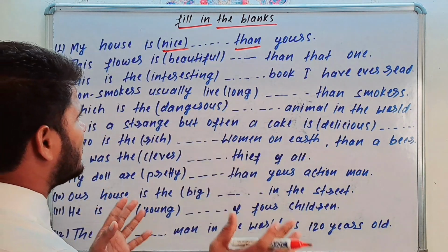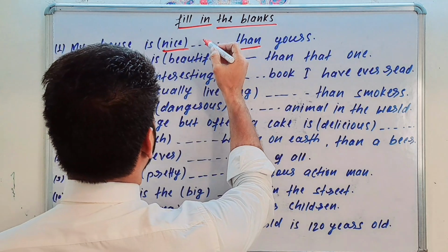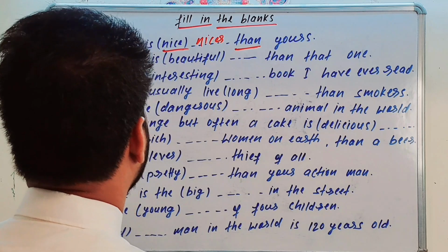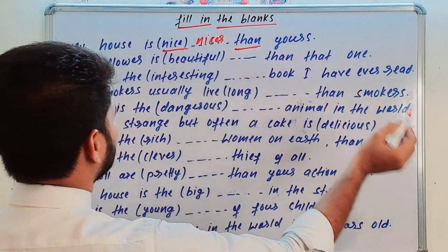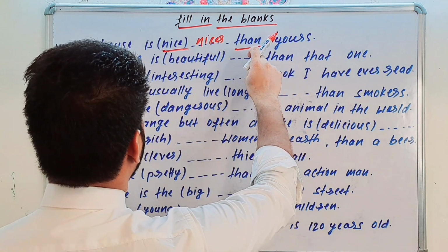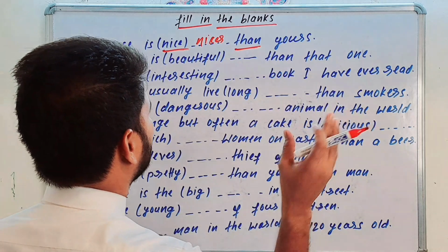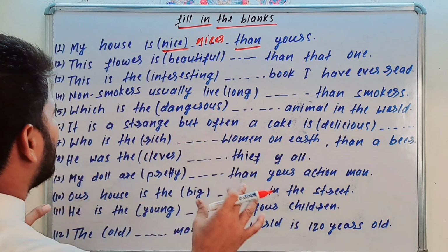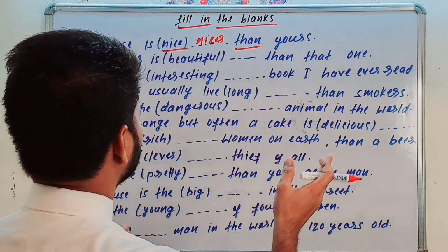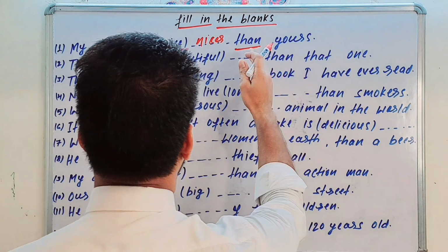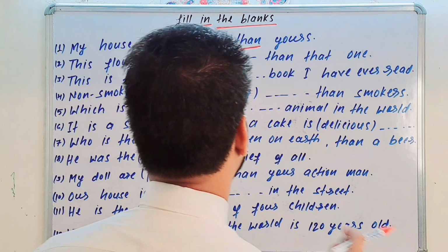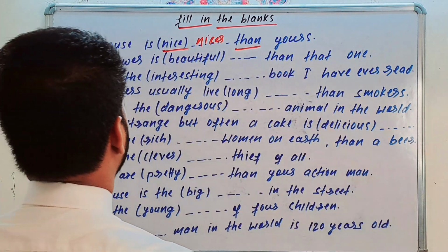I have to fill it with the comparative degree because we are comparing: my house is nicer than yours. That's why "than" is used, basically to compare between two.